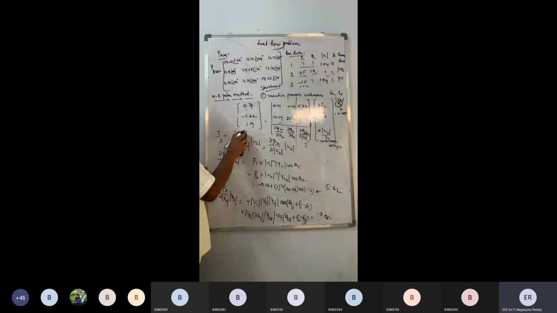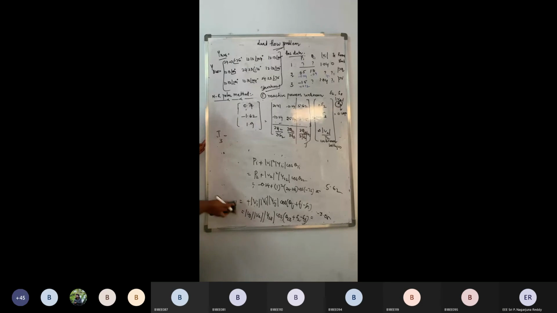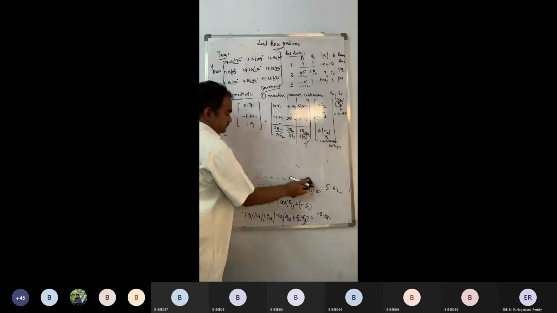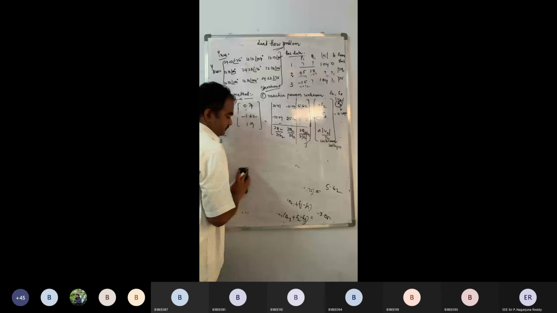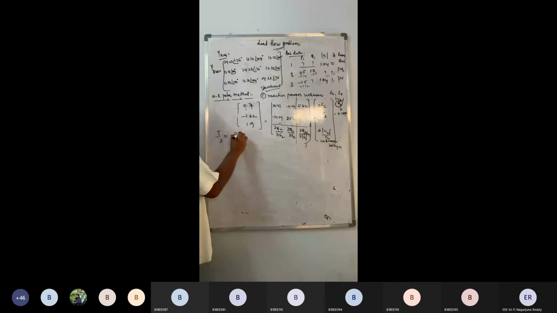Q2 with respect to delta 2, Q3 with respect to delta 3. Now, can somebody tell me what is the formula for 2 with respect to 2, I with respect to I in the J3 matrix?